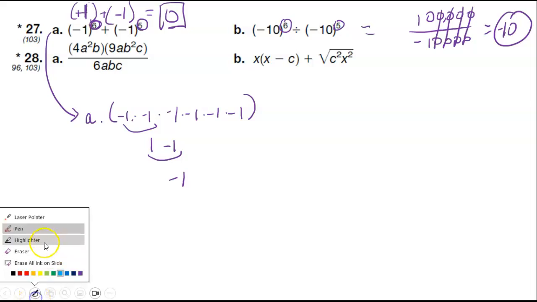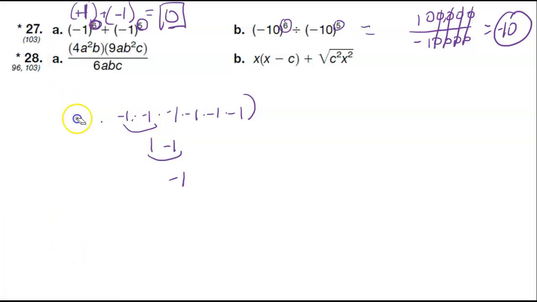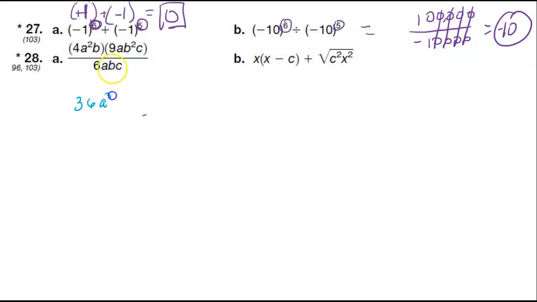Oh, well, actually, what is happening? Okay, so what I'm going to do is I'm going to go ahead and multiply the top and then we'll reduce. So I have 4 times 9 is 36. A squared times A is A cubed. B times B squared is B cubed.